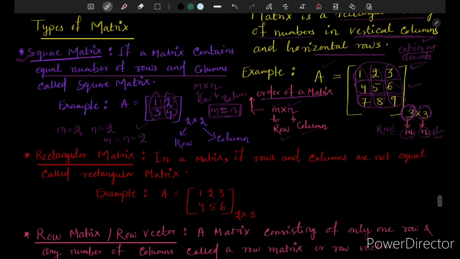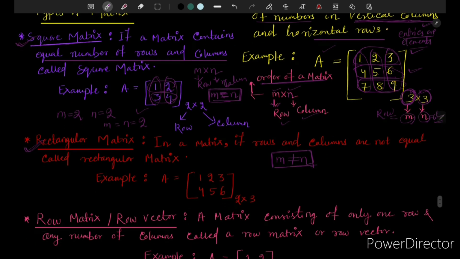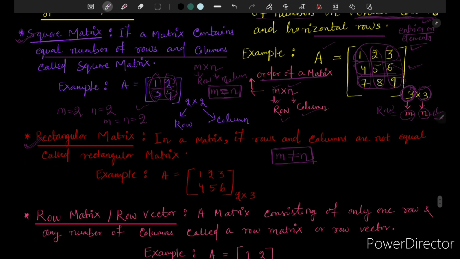Then the second type of matrix is the rectangular matrix. In a rectangular matrix, the number of rows is not equal to the number of columns, that means m is not equal to n. You can see the example here: A equals 1 2 3 4 5 6.